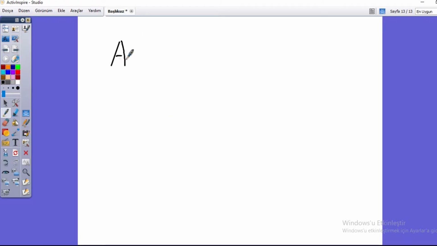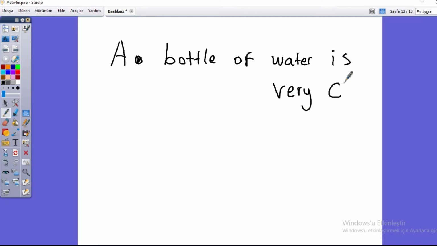A bottle of water is very cheap. In this example, as you see, we can use very before adjectives.